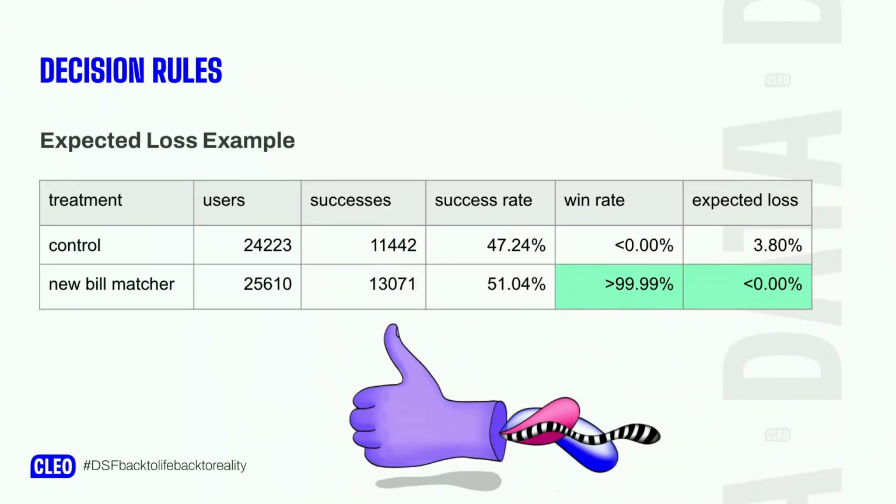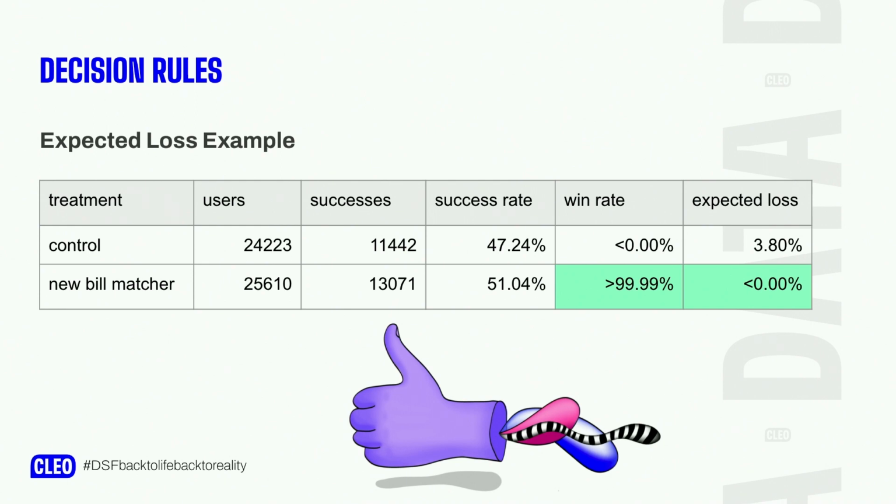So as an example, this A/B test was about a bill matcher. So a model that would look at new transactions coming in and classify, do we think this is a subscription payment for one of the user's existing bills, or is it unrelated to their bills that they've set up within Cleo?